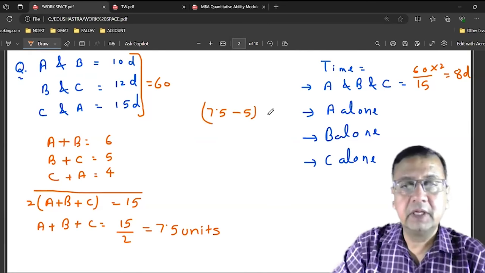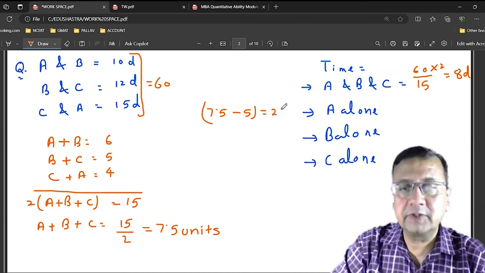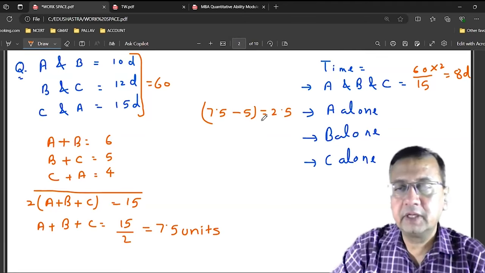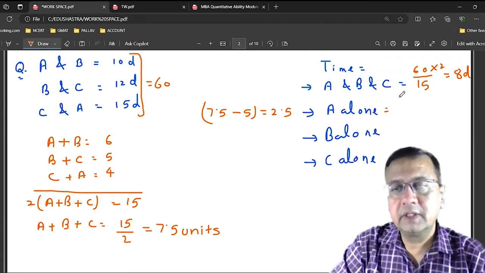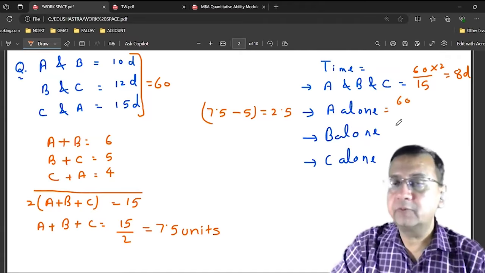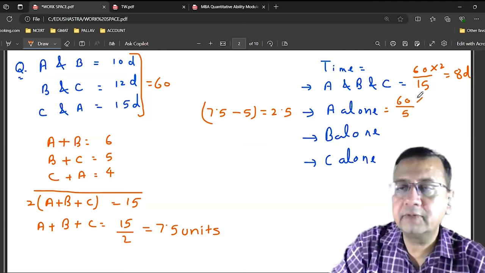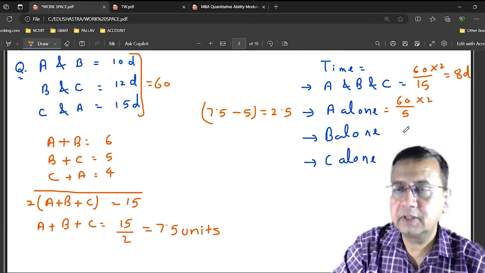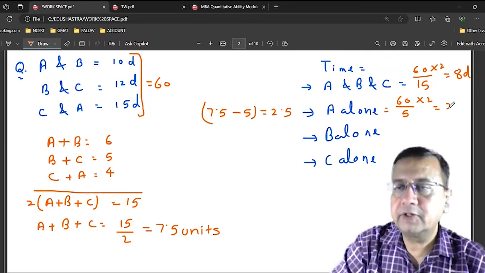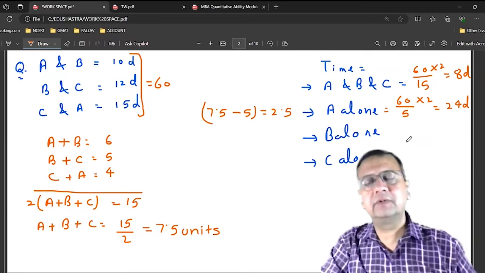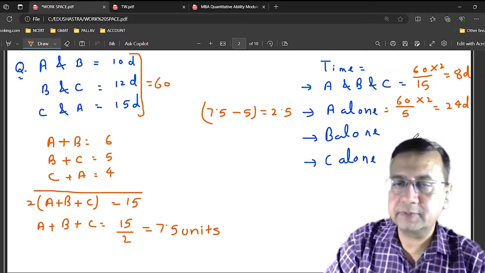Okay, 5 units. So this is coming out to be 2.5. So calculate: 60 divided by 2.5 is coming out to be 24 days. So A alone can finish in 24 days.